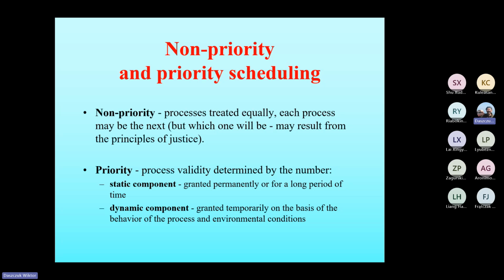Dynamic component of priority is some number that changes according to the circumstances that currently are in the environment of the process. Typically, it is enlarging the priority when the process waits for resource. The longer process waits, the higher is priority. It's typical. However, it can be some other scheme.